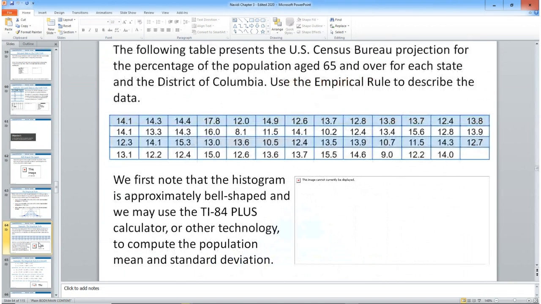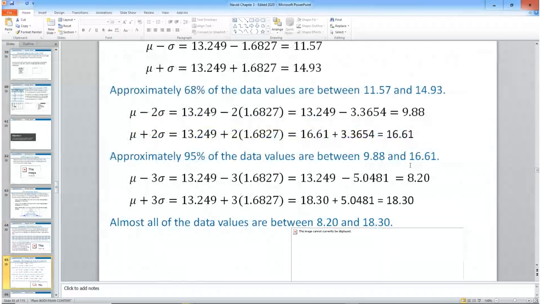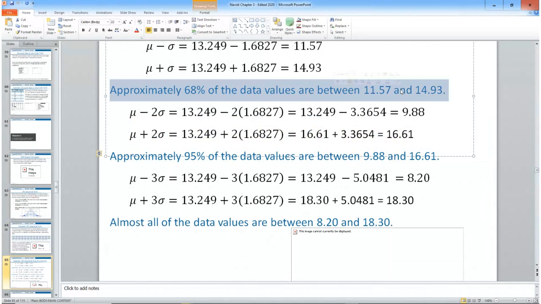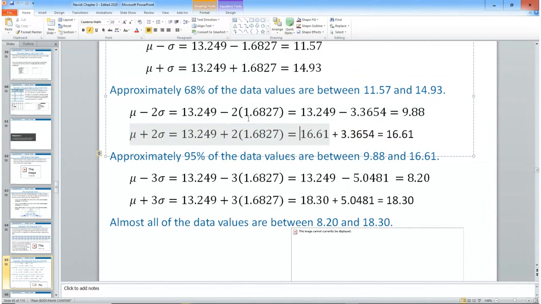Likewise, if we want the boundary of 95%, so they tell us there's a 68%. So if we want to do 2 standard deviations, 2 times 1.6827 subtracted from 13.24 gives us 9.88, a little bit less than 10.